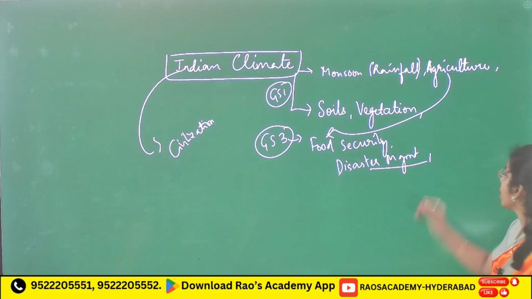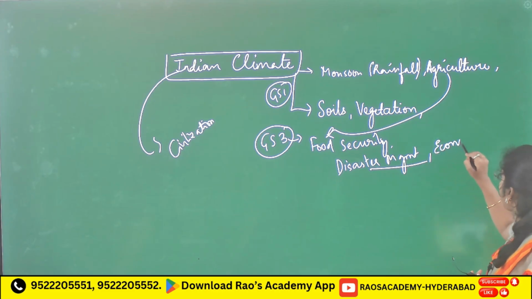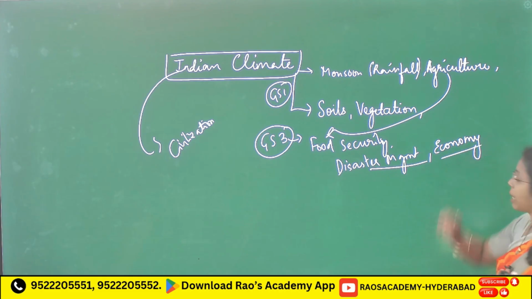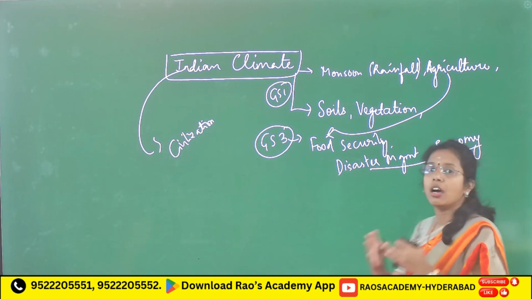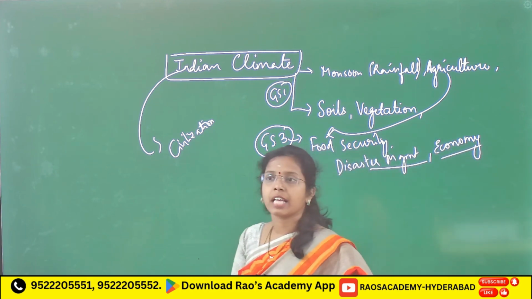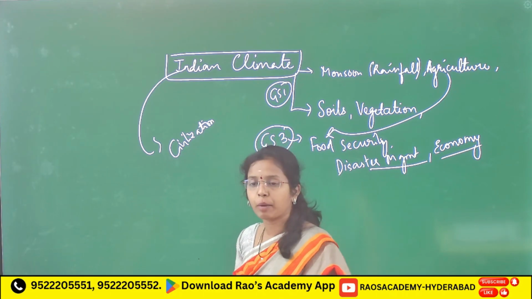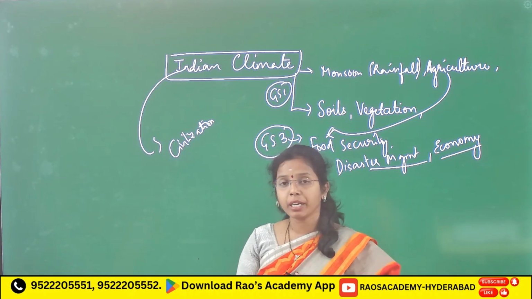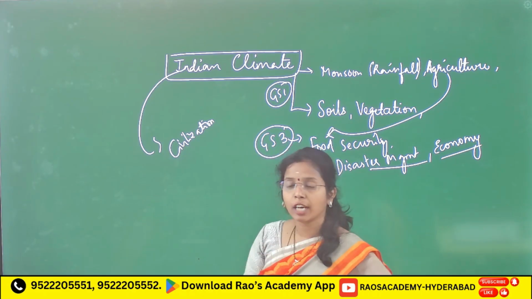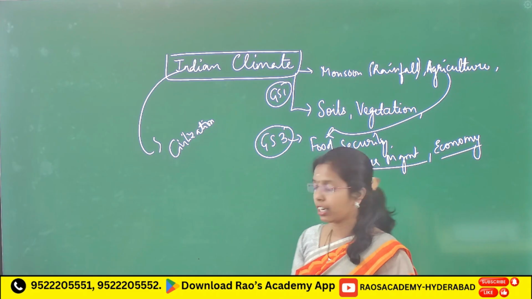Agriculture comes under the economy, primary sector, and agriculture provides raw materials to industries, and we are providing services to industries. Means economy also we are going to interpret based on Indian climate.